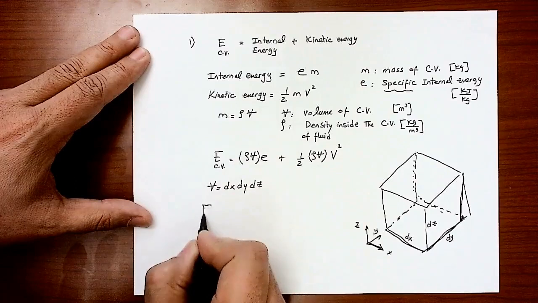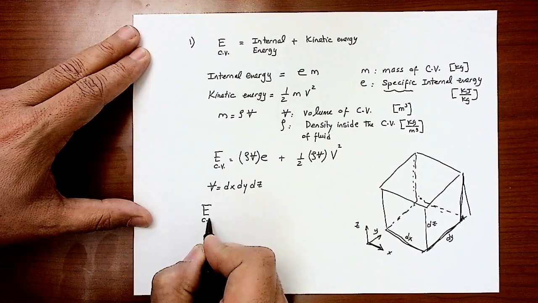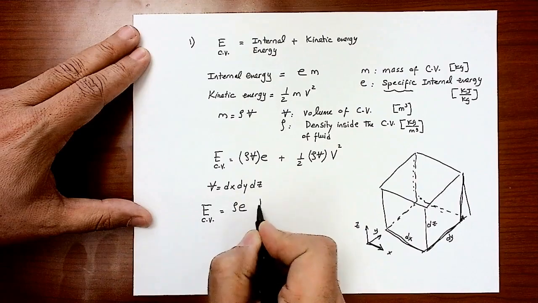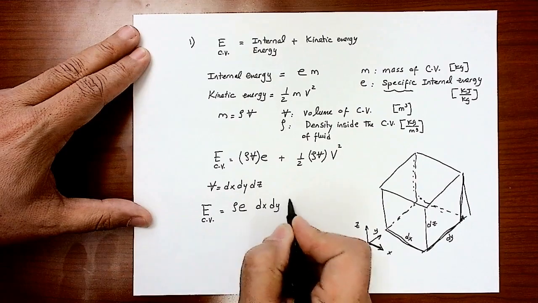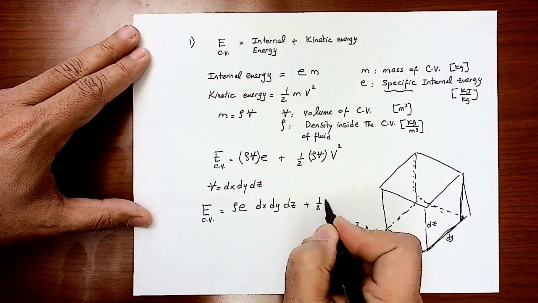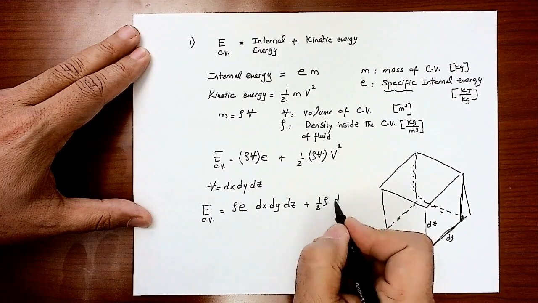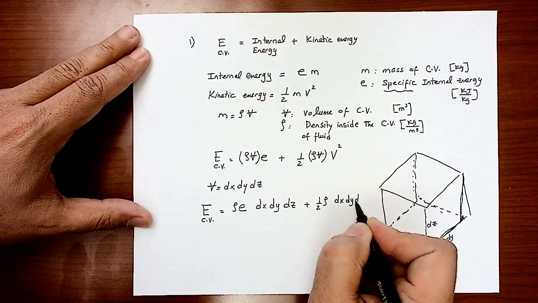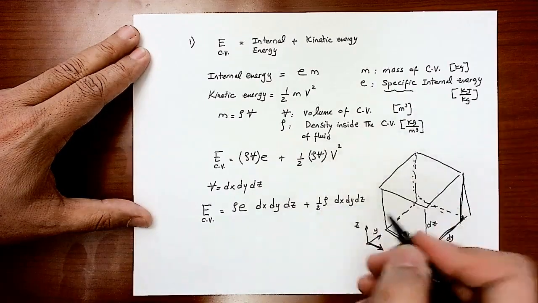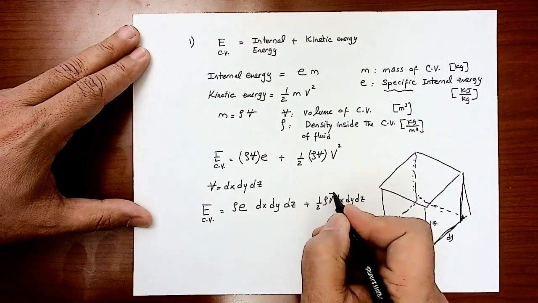So I can write down the energy inside that control volume as rho E dx, dy, dz plus half rho, and the volume here is going to be dx, dy, dz, and we have the velocity squared. Remember, sorry, that's a velocity. Remember, we have the velocity in the form of a vector, right?